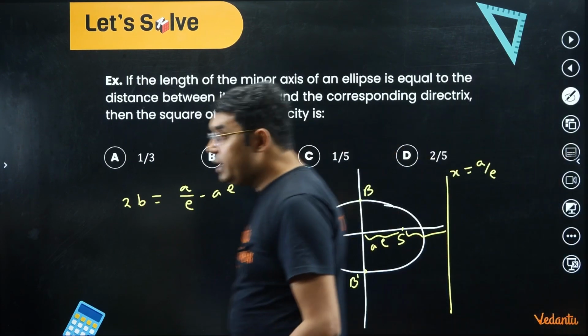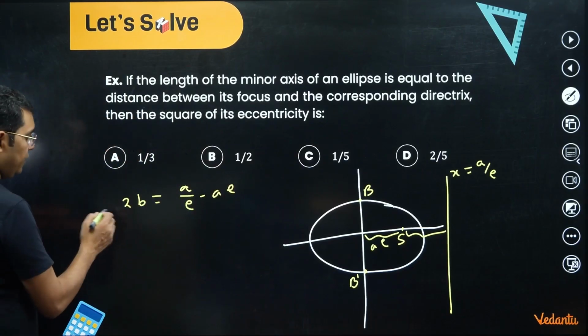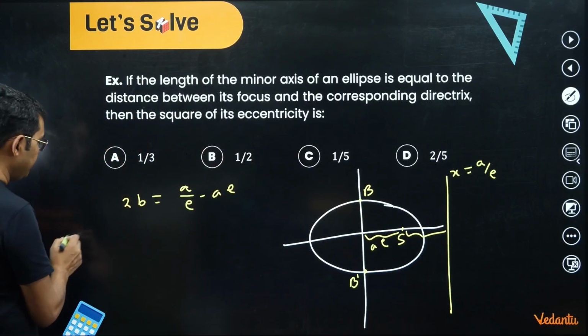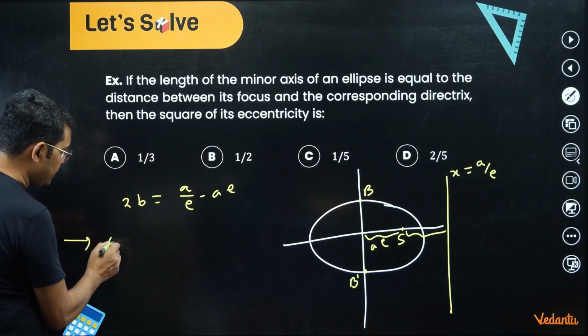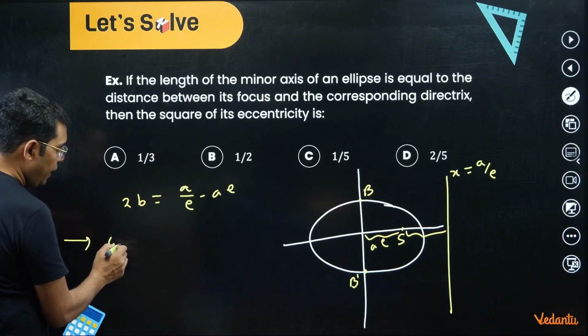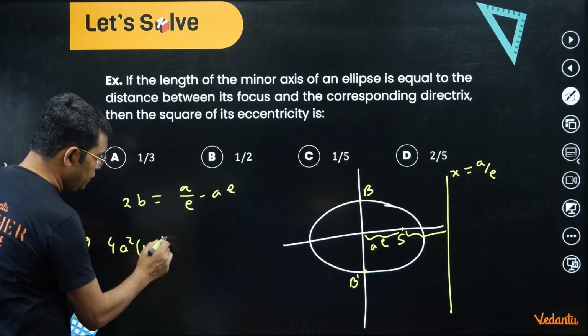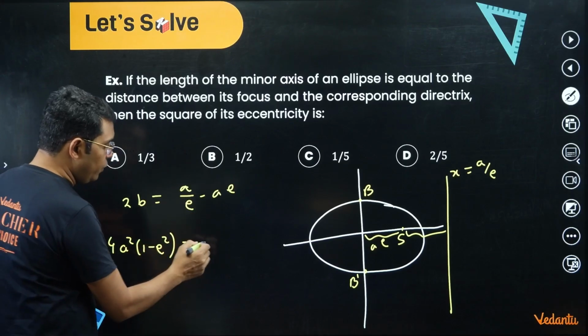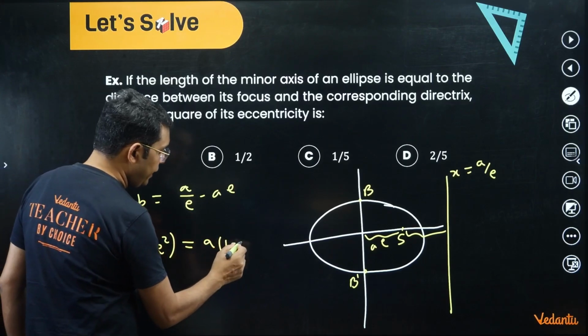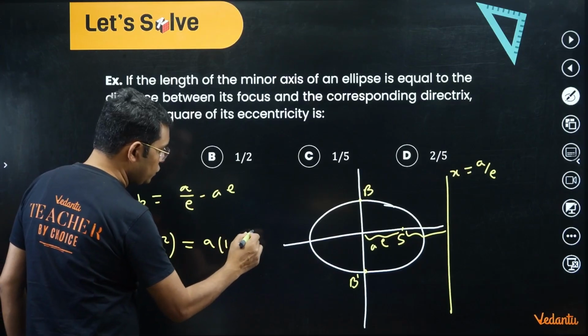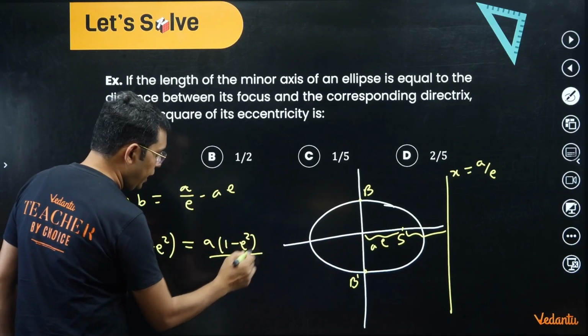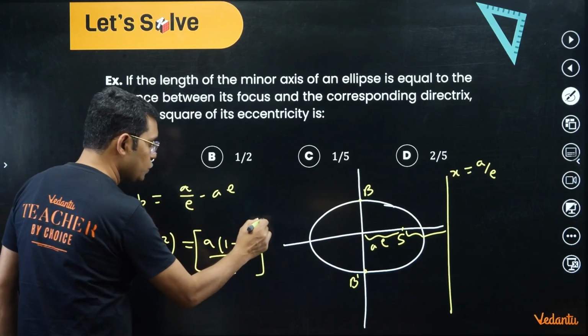One method could be that we just apply the result of eccentricity and square both sides, so it will be 4b square, and for b square I can write a square into 1 minus e square, and this will be, if you take a common and take LCM, 1 minus e square upon e, and whole square of this thing, because we did squaring.